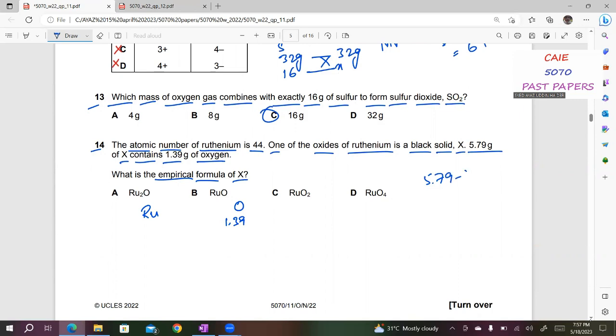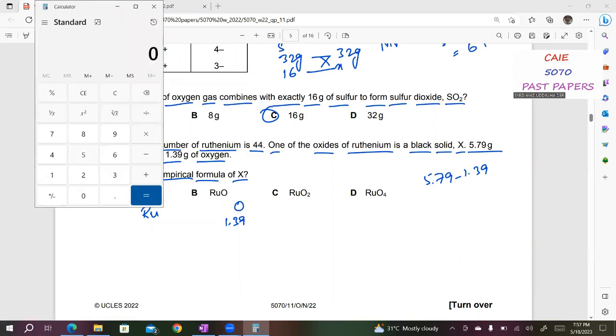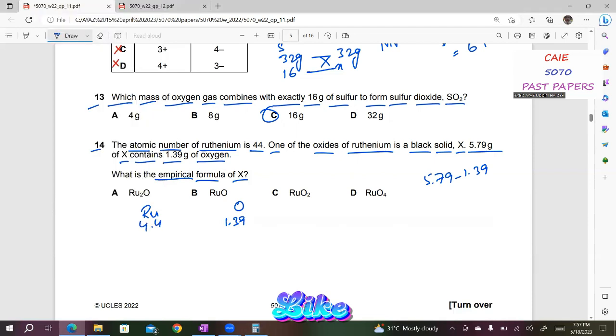5.79 minus 1.39 gives 4.4. Now divide this mass by the Ar of ruthenium.